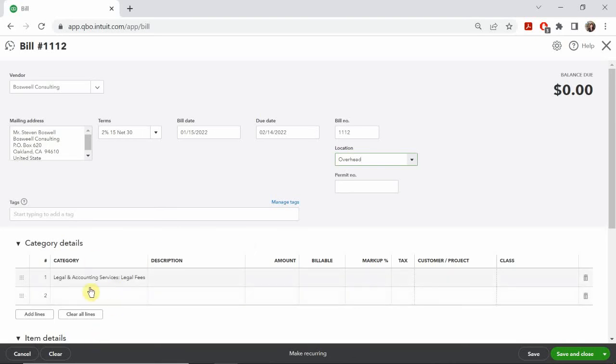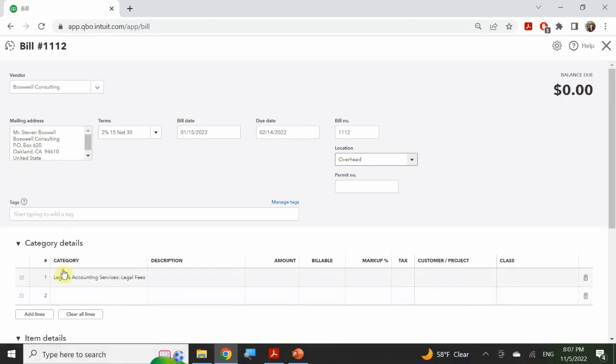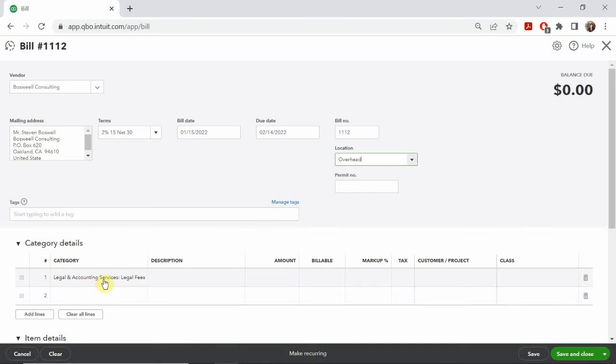So here, if you remember on this vendor's profile, we said that this vendor is associated with legal fees. Because we associated this person with legal fees, it automatically populated and filled the information in there. Same thing with the address and everything. So that is why building your profiles for your vendors makes it that much easier to fill out.